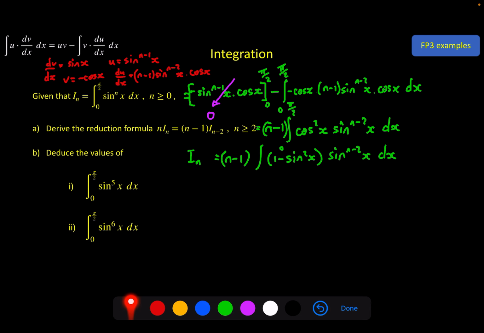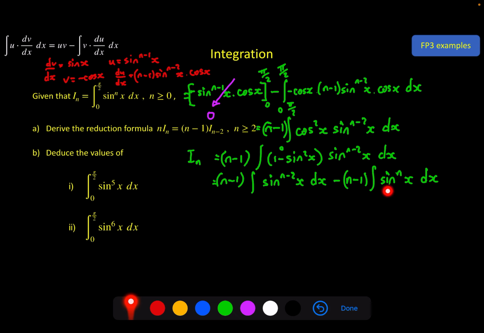So similarities with the previous example, we're going to have an I_n on both sides of the equation. So I've expanded this bracket and split it into two separate terms.